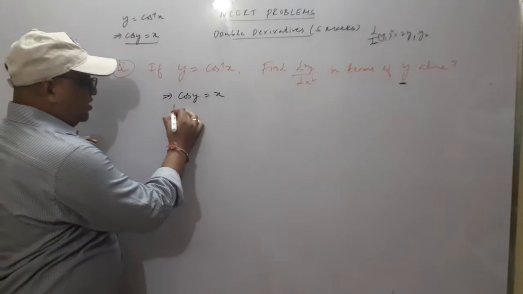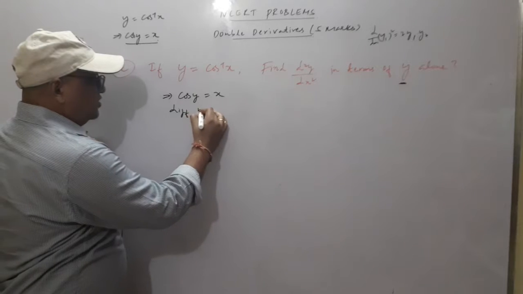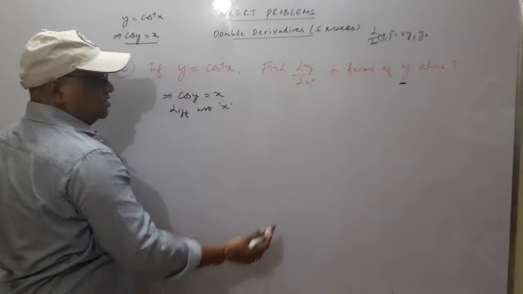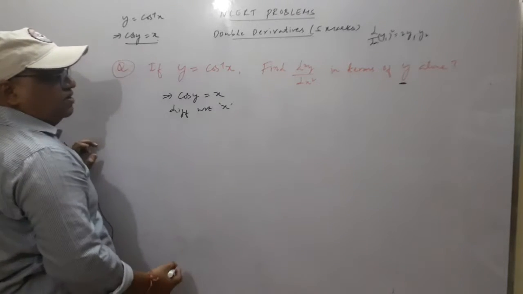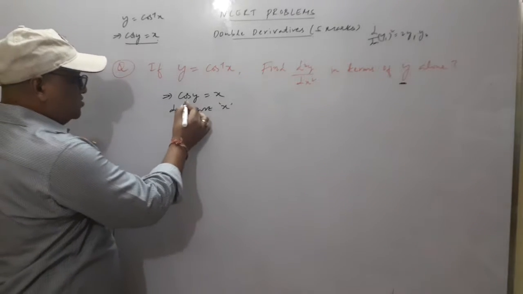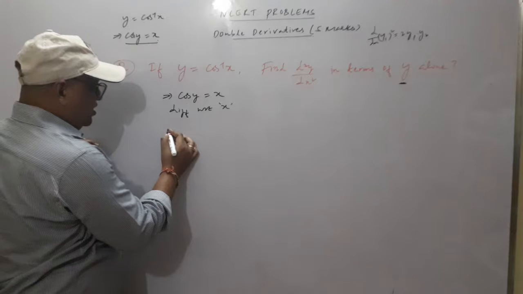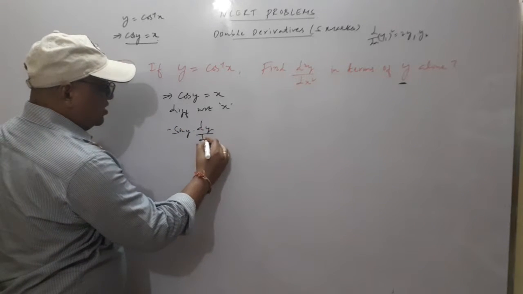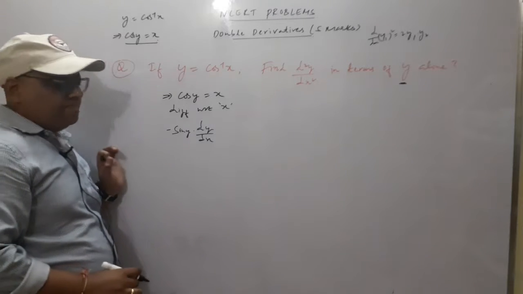Now, differentiating with respect to x, because I want dy by dx, then d square y by dx square. The differential of cos y is minus sin y into dy by dx. Again the chain rule is applied.